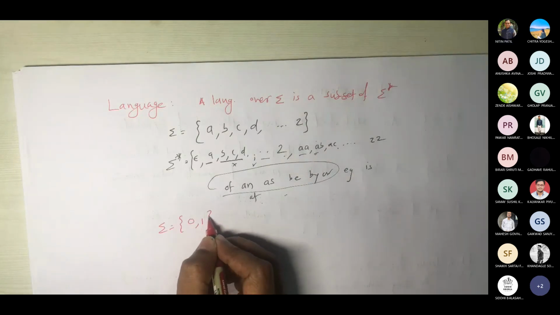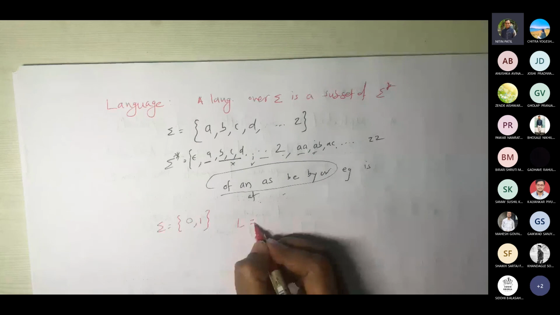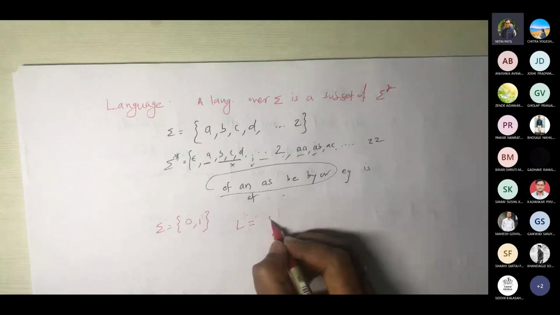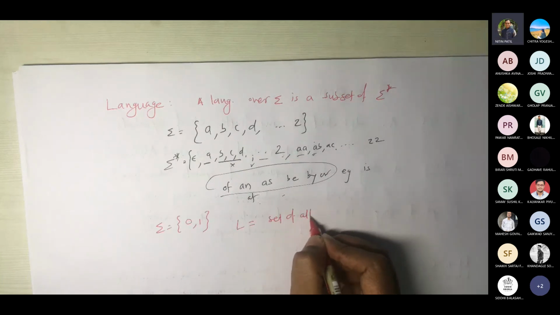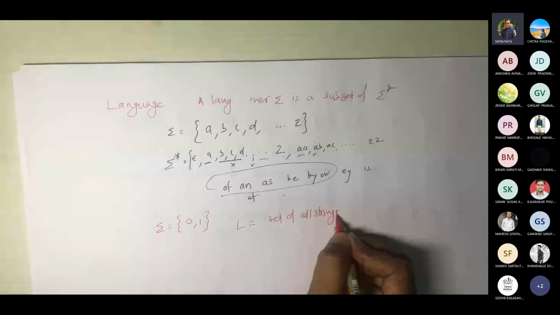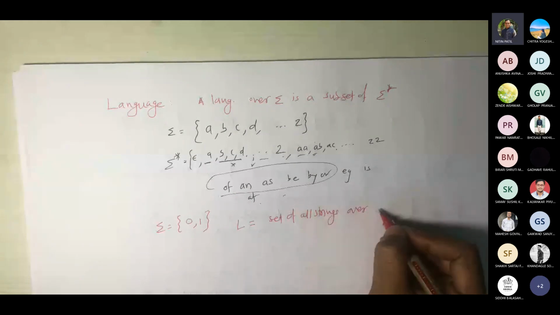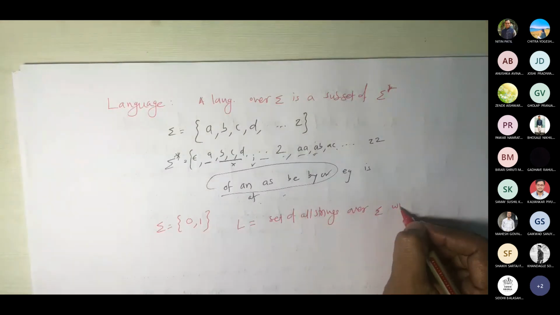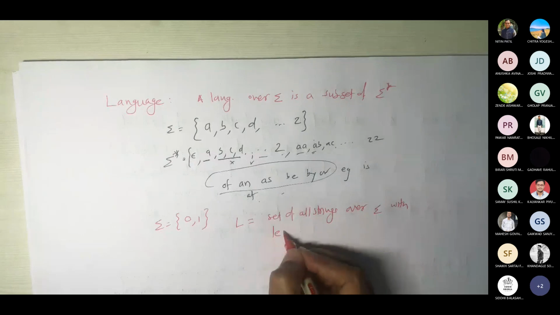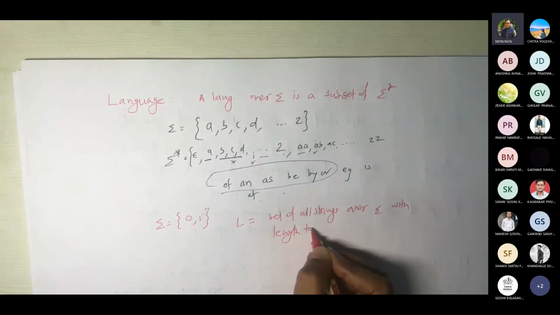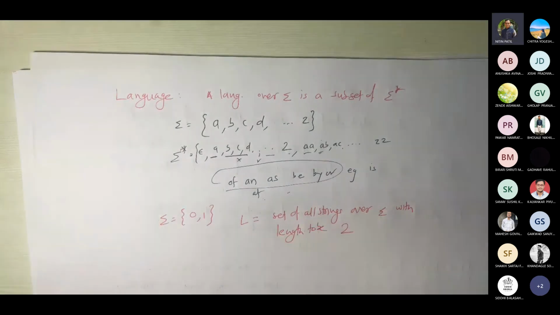So ultimately, suppose I have to define a language like this, suppose my sigma contains 0, 1. Now I'm defining a language. L is a language which is the set of all strings over sigma with length 2.